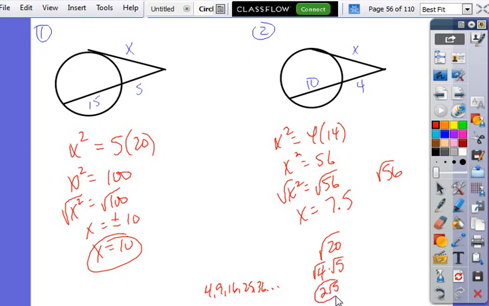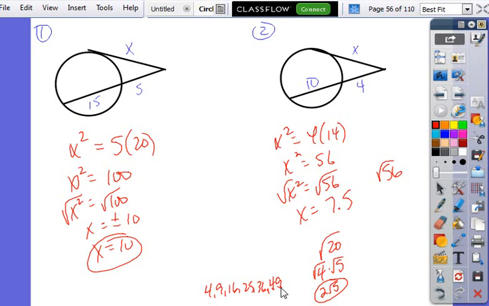We need to be able to do that. On this one, I'm going to do the same process with 56. What you need to do is find the biggest square under this number. Well, the next one after 36 is 49. Does 49 go into 56 evenly? No. Does 36? No. 25? No. 16?